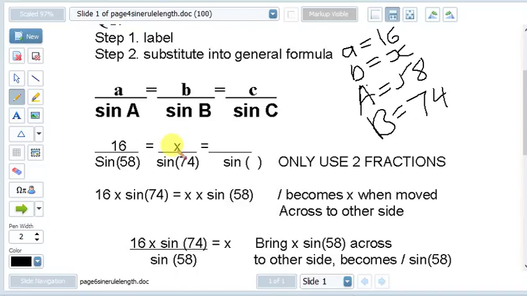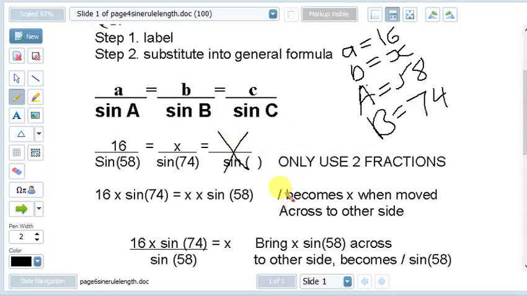Okay, so little b is x and capital B is 74. Now C, we're not interested in that fraction because we're not trying to work either of them out, and also we're not given any information regarding it, so we just ignore that, and for the sine rule we only use two fractions.